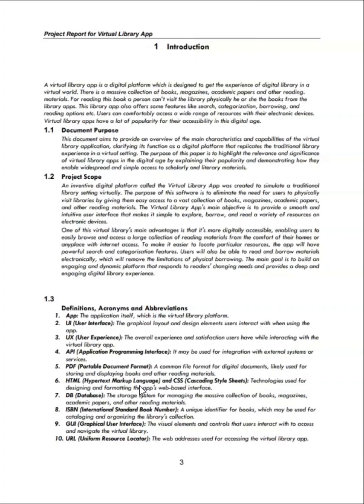It serves as a guide for both developers and stakeholders, providing a clear understanding of what features and functionalities will be included in the app. The document helps ensure everyone involved is on the same page regarding the project objectives, helping to manage expectations and deliver a successful virtual library app.